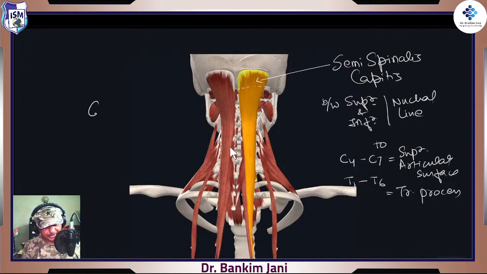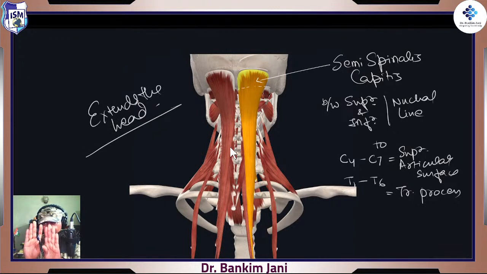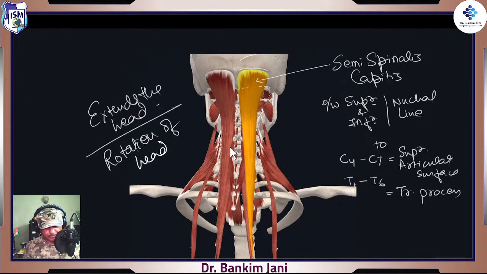So it extends the head, and it is powerful, right? Now, out of these two muscles, when only one contracts, that would be rotation. So it also helps in rotation of the head.